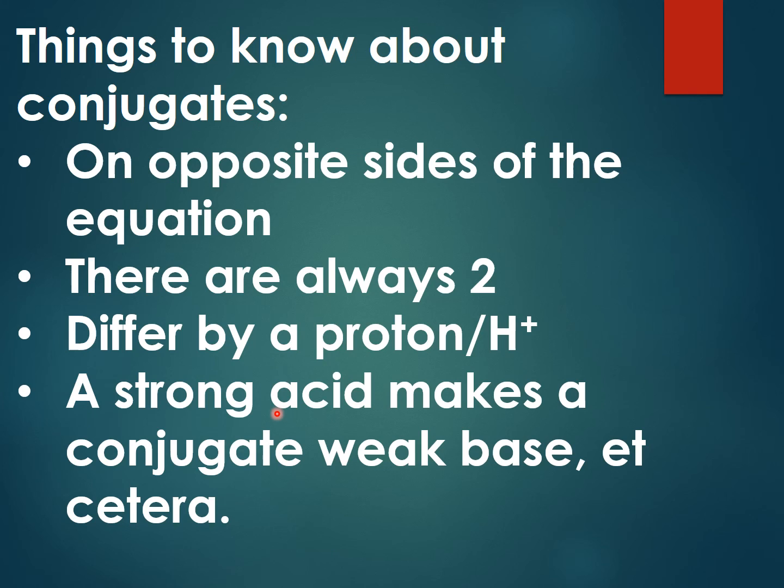A weak acid, it's very hard to pull the H off, and then its conjugate base very strongly wants to get it back. So if we have a strong acid, its conjugate is a weak base, and if we have a weak acid, its conjugate is a strong base.